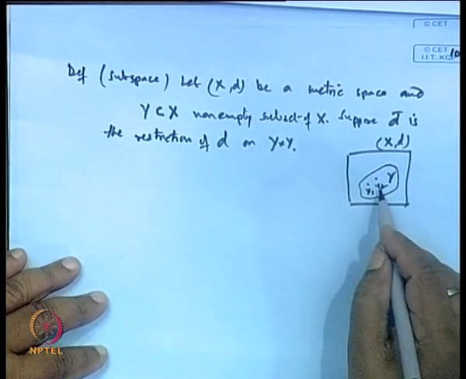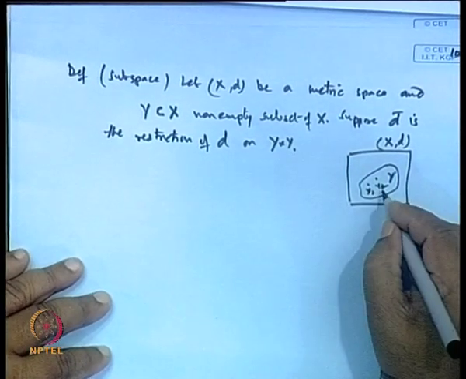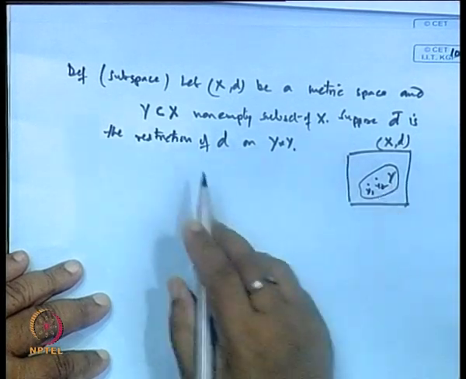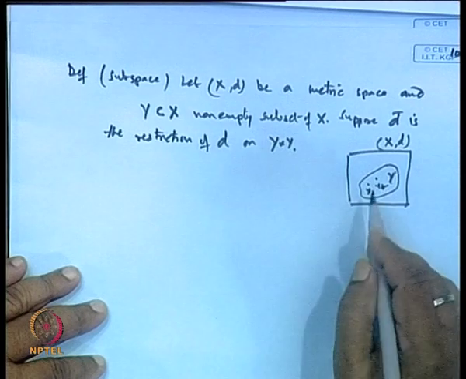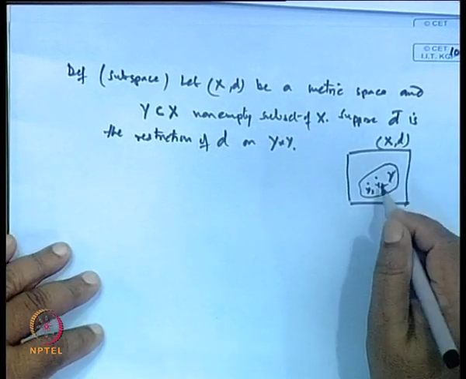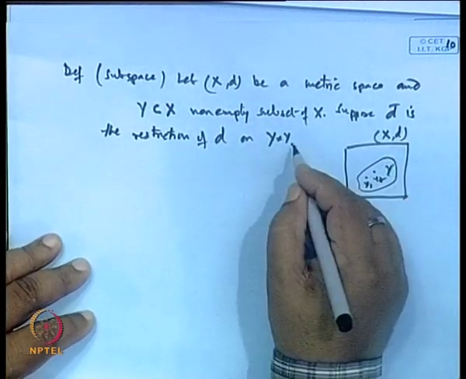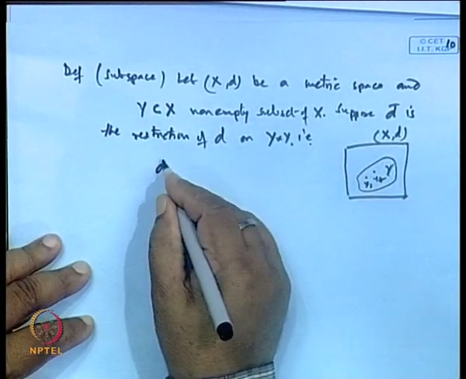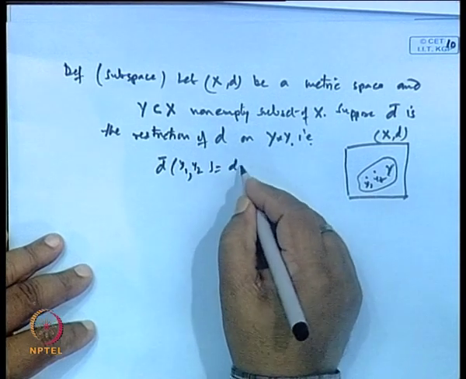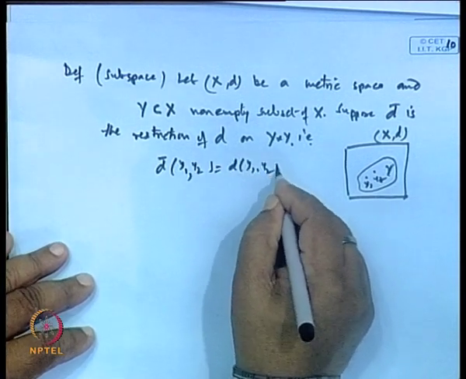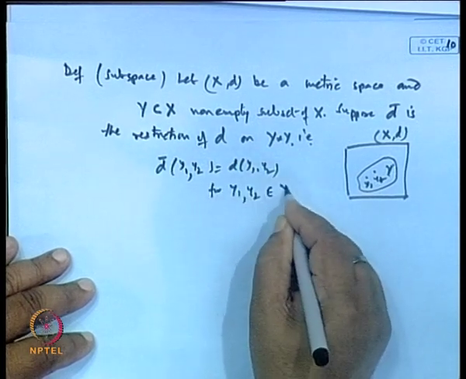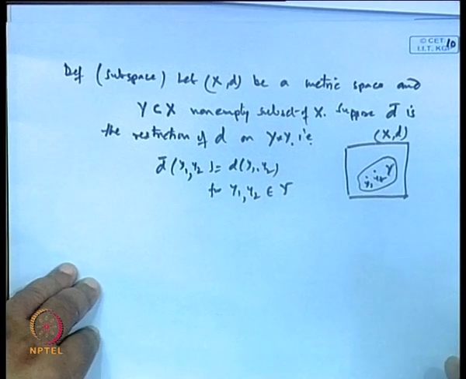Now, when we choose the points in y, and if the distance between y 1 and y 2 under the metric d bar is the same as the distance under d, then we say d bar is the restriction of d, that is d bar of y 1, y 2 is the same as d of y 1, y 2 for y 1, y 2 belonging to capital Y.